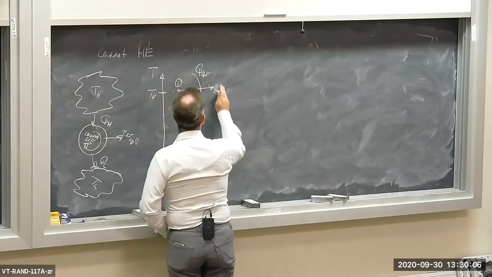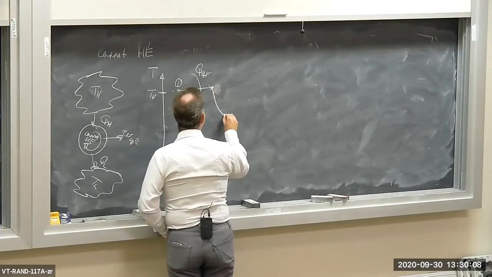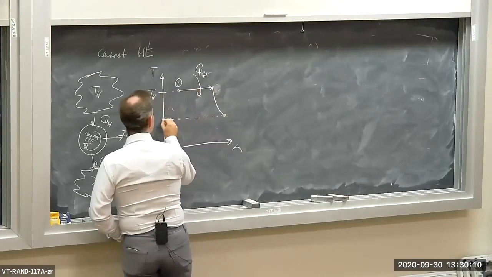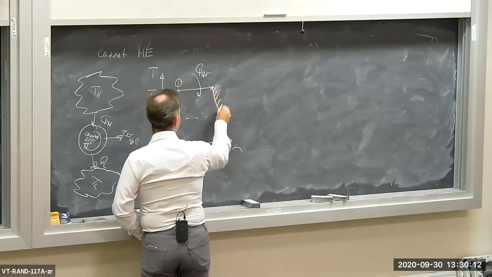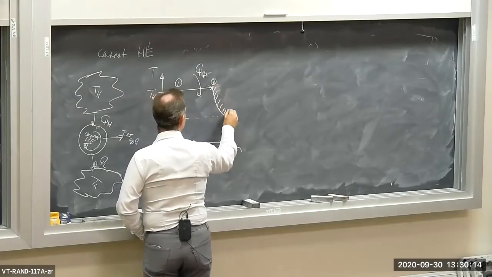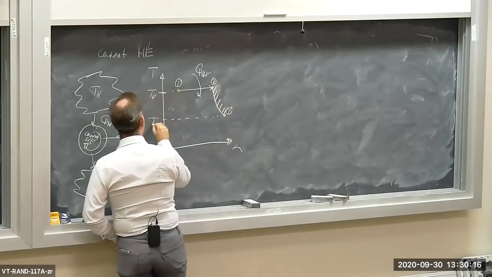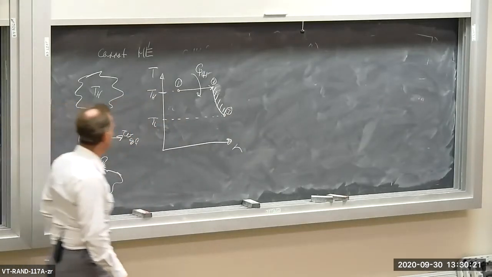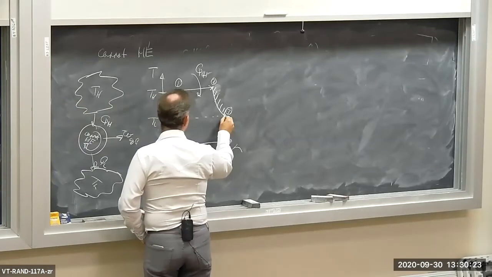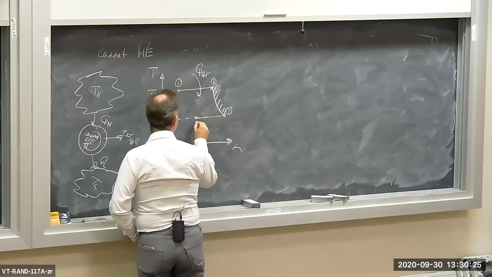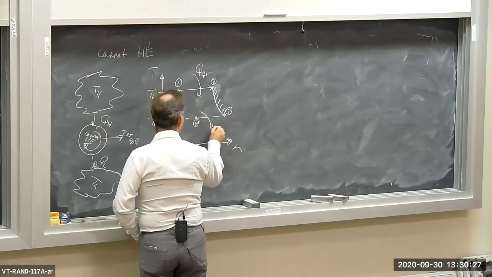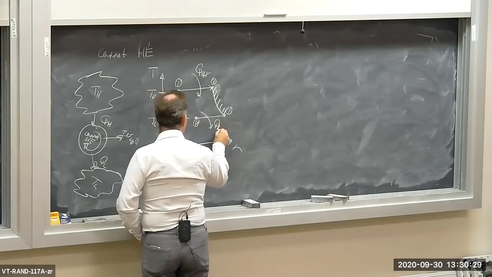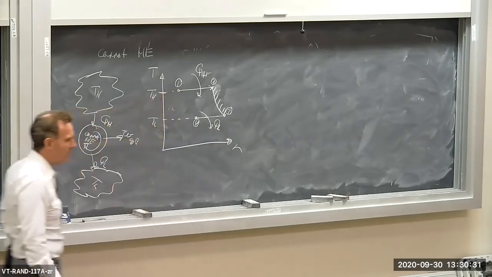Then we have an adiabatic expansion from state 2 to state 3 down to the low temperature reservoir temperature, TL. And then we have isothermal compression, where we reject heat to the low temperature reservoir, QL.